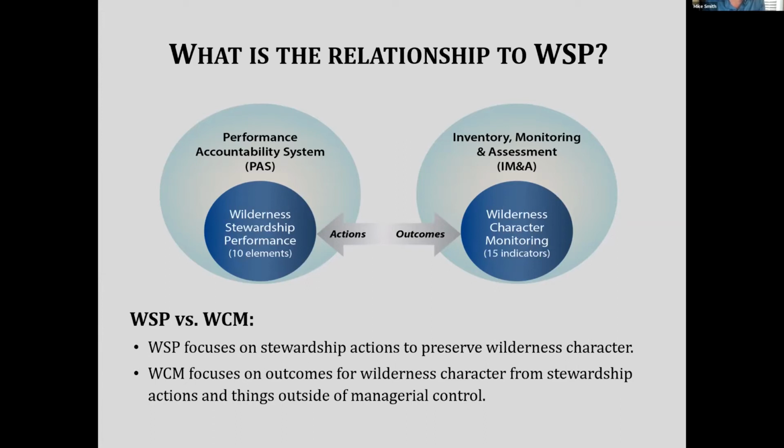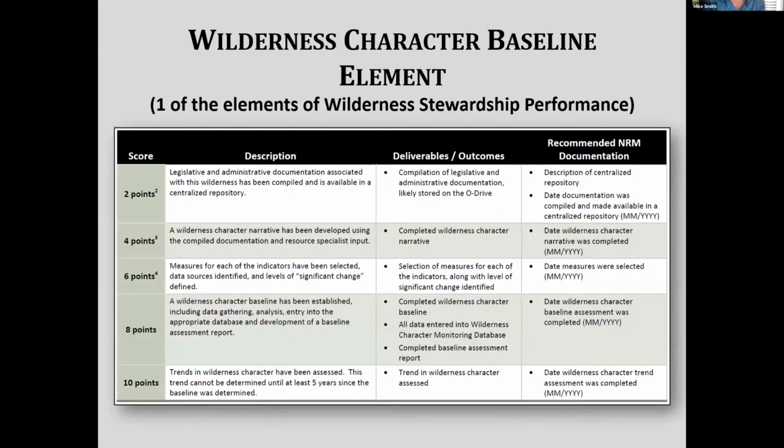It's important to stress that WCM is a component of WSP, and is the outcomes of the wilderness, while WSP is the action. That's a bit repetitive, but it's a question a lot of people come up with, so try to remember these little bubbles and how they fit into each other.